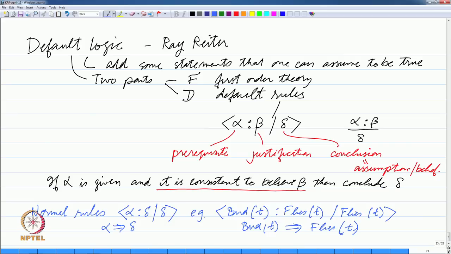Okay, so what does default logic give us? It gives us a mechanism whereby we can state a set of rules, called default rules, which are not part of the knowledge base proper, but are a separate part of the knowledge base, you might say. It is partitioned into a first order part and the default rules part, and the default rules tell you what assumptions or conclusions you can reasonably draw, under what context you can draw certain conclusions delta.